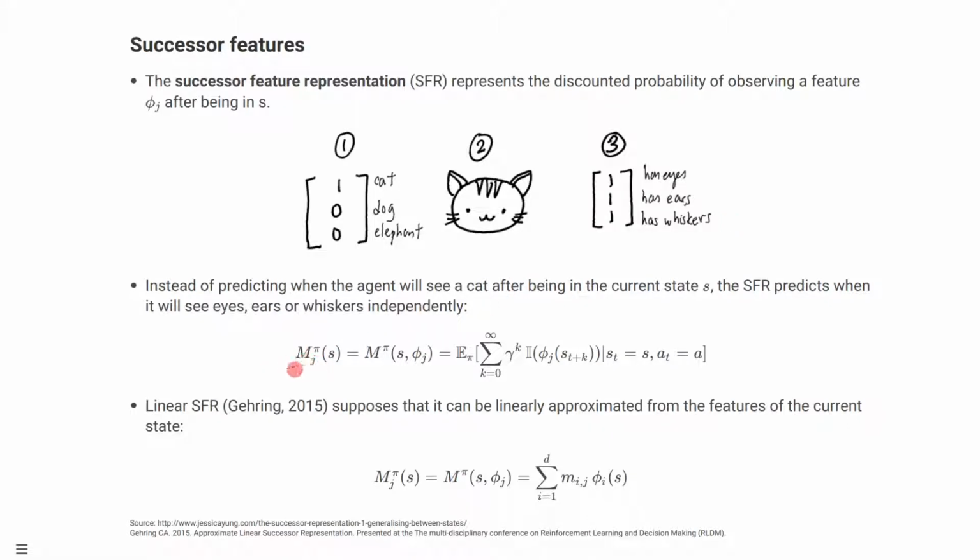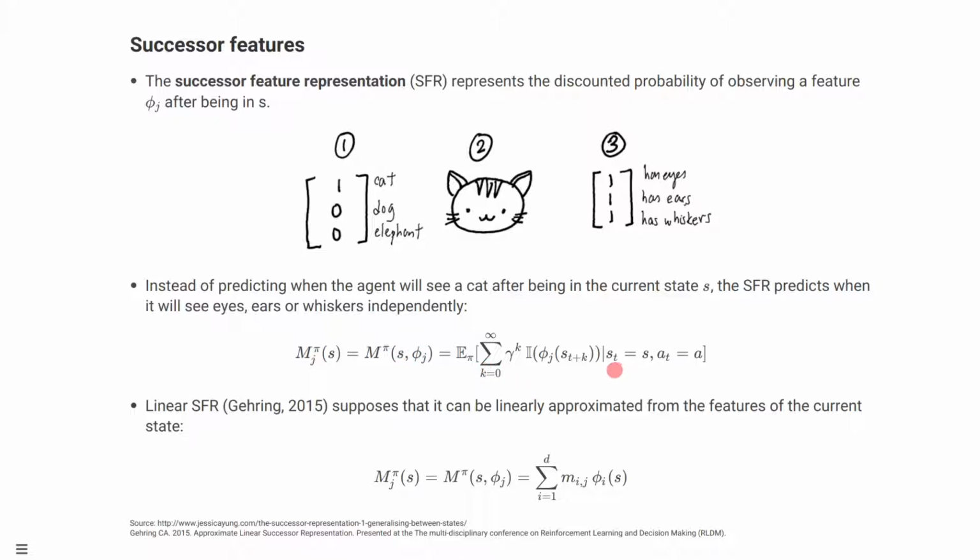So we are going to note the successor feature in that notation. Either we use the matrix M, which depends on the policy, for state S, where you are right now, and you ask yourself if you're going to see a feature j, for example ears, in the future using your policy. Am I going to see the feature phi j using my policy when starting in S?